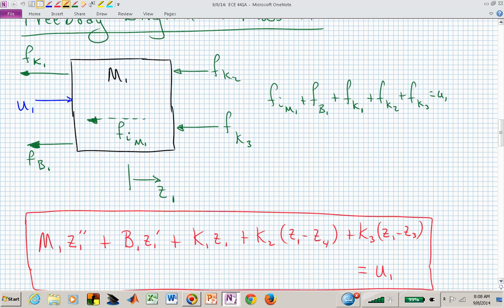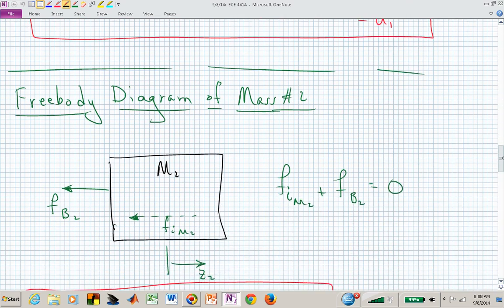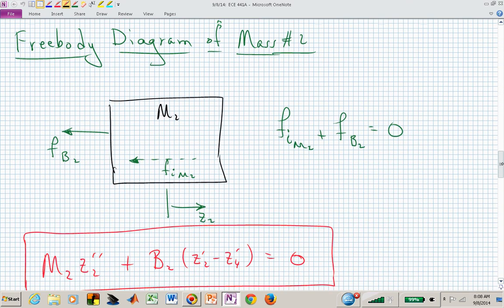And one of the key things to keep in mind here is that you now have a z1 differentiated twice, and you have other variables besides z1. You have a z4, you have a z3. This set of dynamics is coupled with respect to the other masses and elements in your interconnected system.